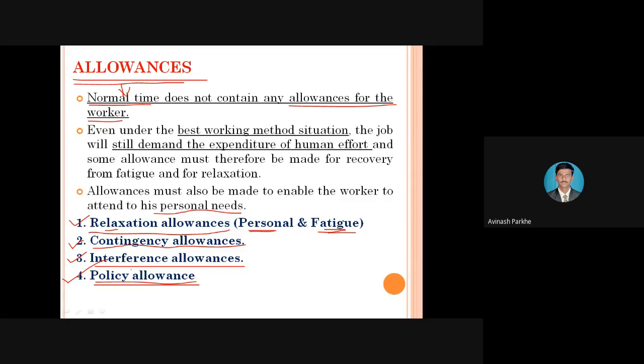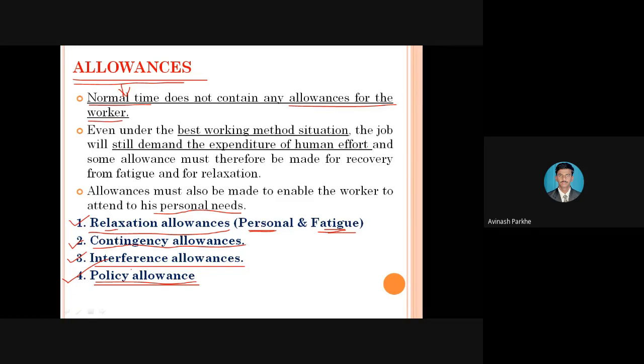Therefore, I have given the example. If a total of 2 hours is given to complete a particular task, in that 2 hours the normal time is also included and the allowances are also included. That means 1 hour and 30 minutes are only for operating that particular machine, but the extra 30 minutes are given in the form of different types of allowances: for drinking water, washing the hands, taking breakfast, and if there is fatigue in your body, you can take rest.